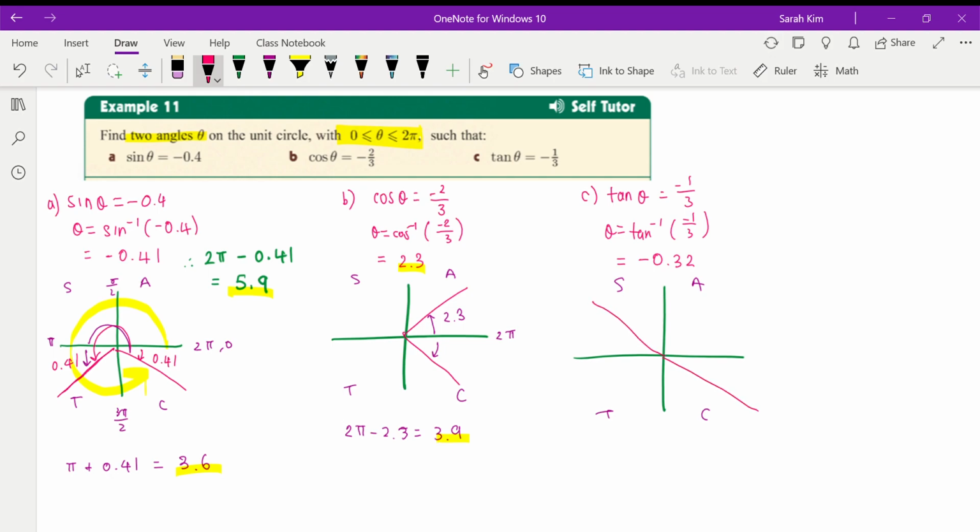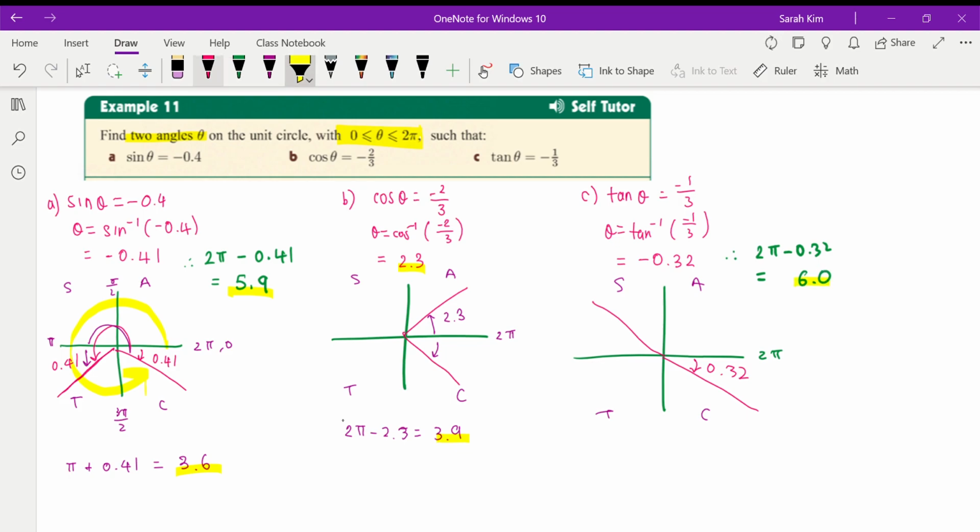So negative 0.32 means that it's gone backwards at 0.32. But again, I can't have a negative answer, so this is 2 pi. In order to figure that one out, it's 2 pi take 0.32, which is approximately 6 if I round it up. So that's my first answer.